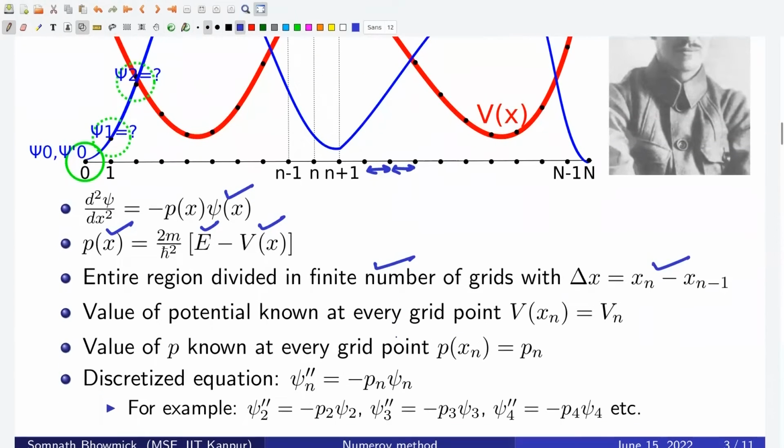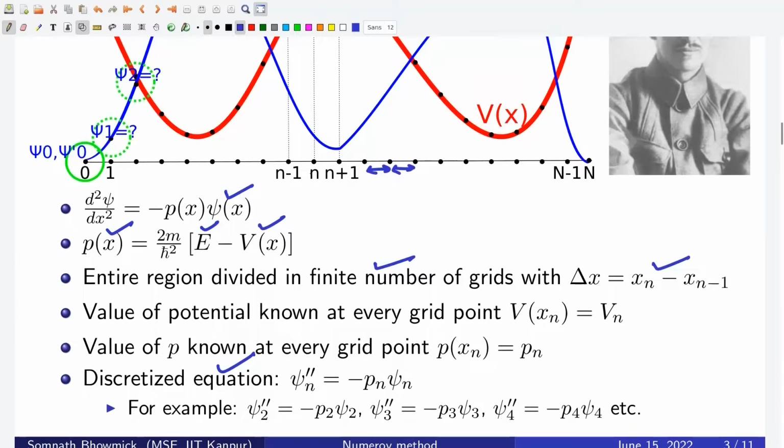Now, we can also represent the differential equation in discretized form at every grid point. So you see that this is like d2 psi dx square is equal to minus P of x psi of x. So how do we write the discretized equation?